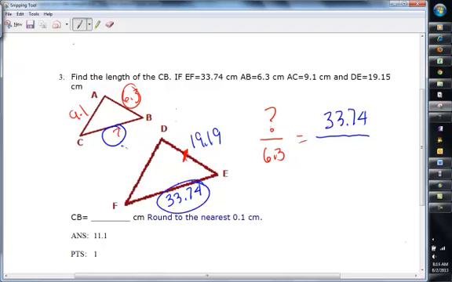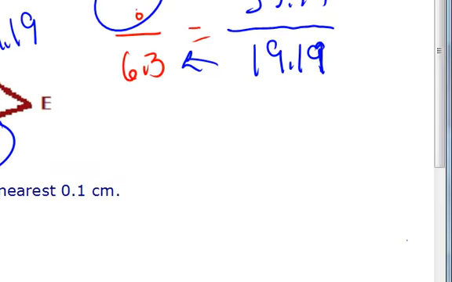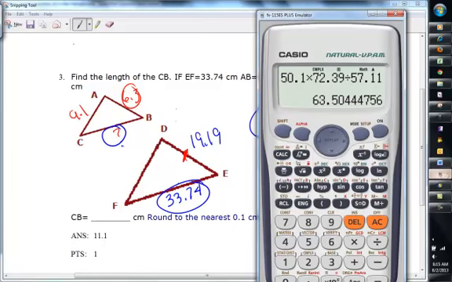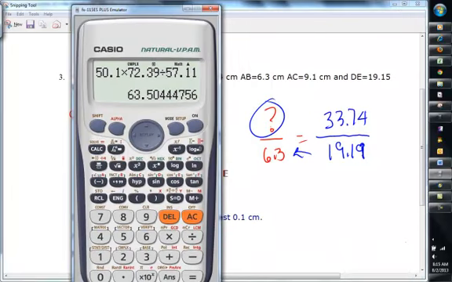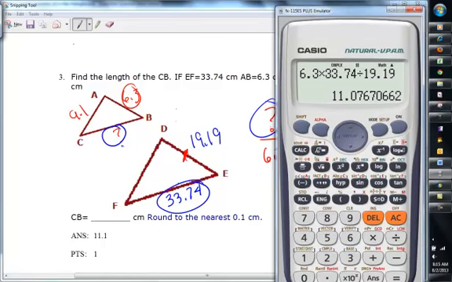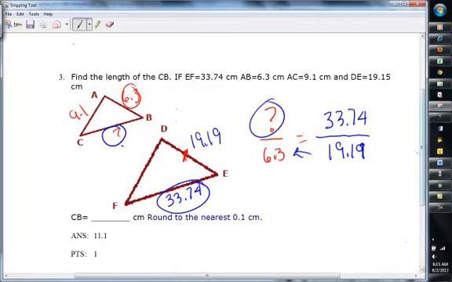How it matches with the question mark, and we're given the 19.19 matches with the 6.3. Now we can cross multiply and divide. 6.3 times 33.74 divided by 19.19, and we get 11.1, rounded to the nearest centimeter. Next one.